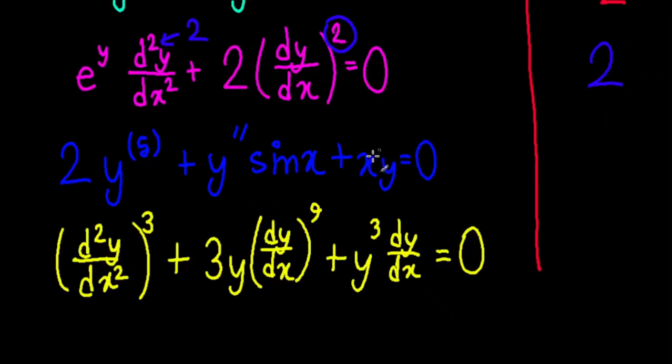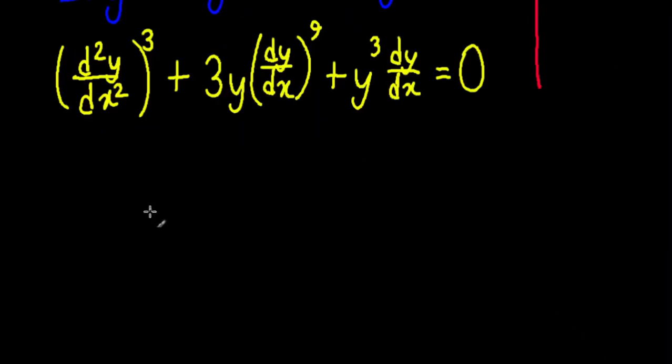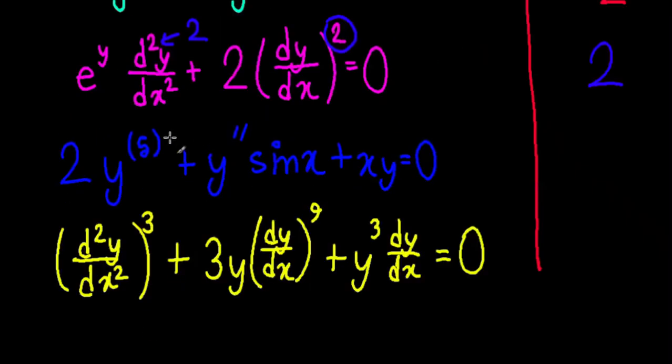Now let's move on to the next one. So what do you see here? When you have y and 5 on top as a superscript, with no brackets, this means y to the power 5. But when you have brackets, I think a lot of you have seen this before, this means the fifth derivative of y.